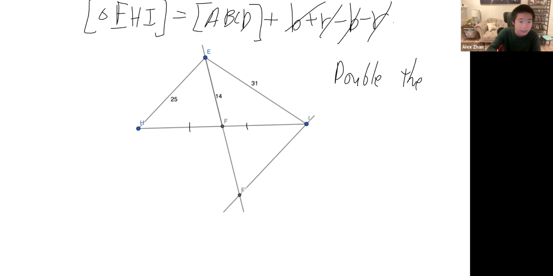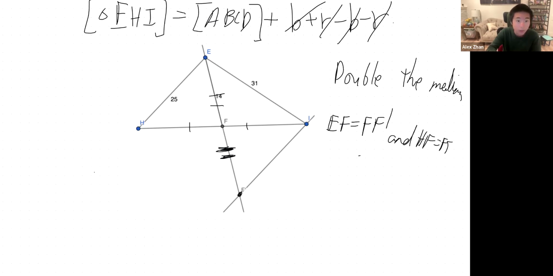So when you double the median, you double EF to a point. Okay, so you double the median EF to a point F prime. And because EF is equal to F prime F and HF is equal to FI, thus we have a pair of congruent triangles here.